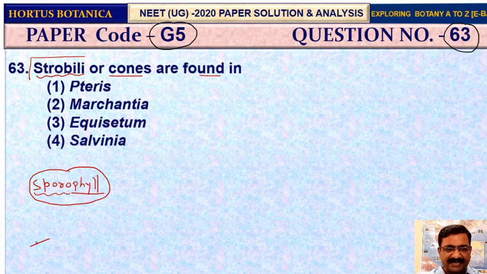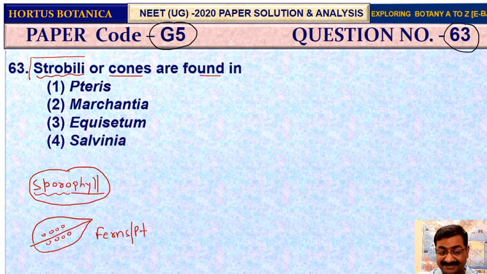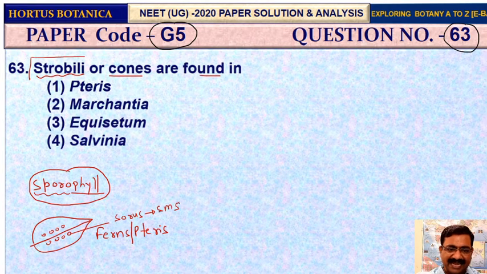So you will find that this is the leaf, and on the leaf you may find such types of structures, especially in case of the ferns, right? So these are called sorus, and this sorus will contain what? A spore mother cell, and that spore mother cell will produce after meiosis what?